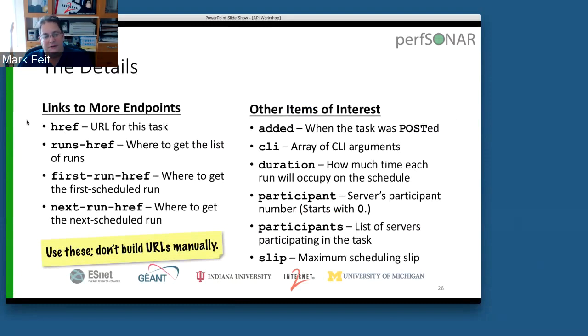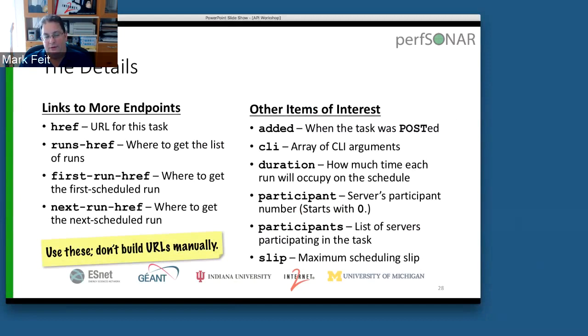When you go to fetch a task, you'll get 3 additional things back. The first one is called runs href, and that's a link to where you get the list of runs. The second thing is called first run href, which is where you go to get the first scheduled run. The third one is called next run href, which has a little bit of a kink to it. This gets the next scheduled run that's going to happen after now.